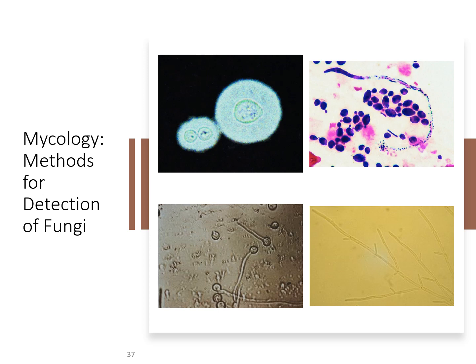Then at the bottom left, you have a germ tube test, and so you can see that long outpouch of that tube-like projection coming off of that yeast. So this would be indicative of a Candida albicans. And then you also have in the bottom right-hand corner, you have the appearance of hyphae from a mold species.